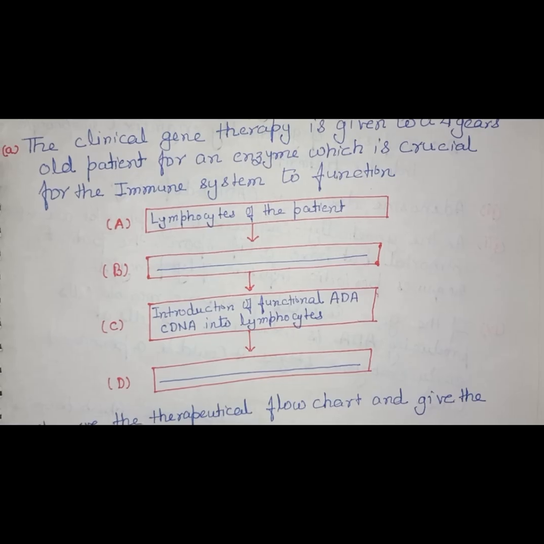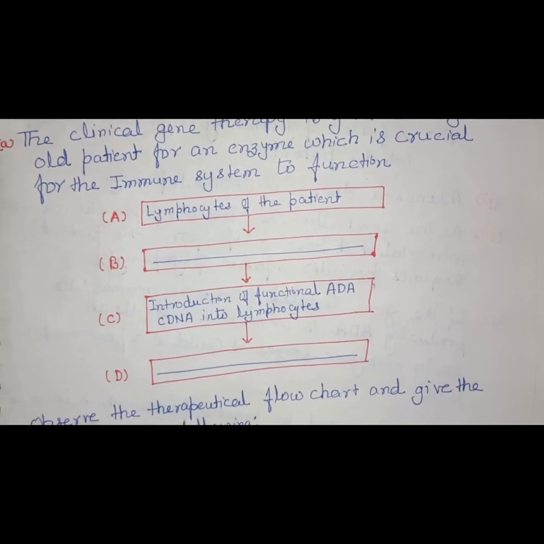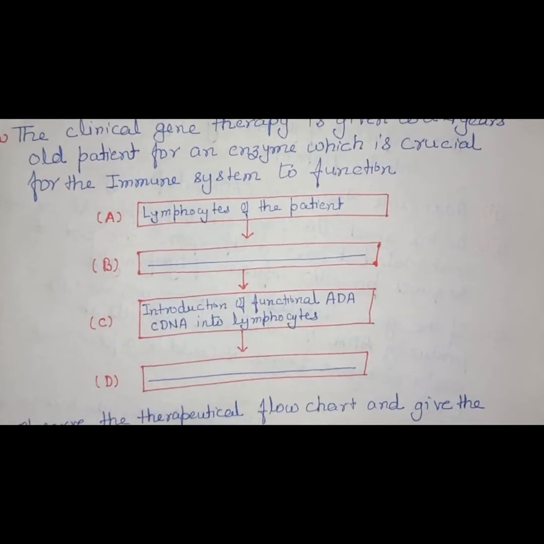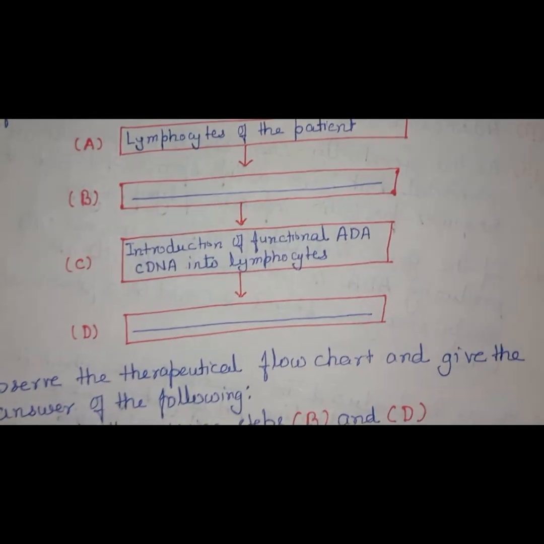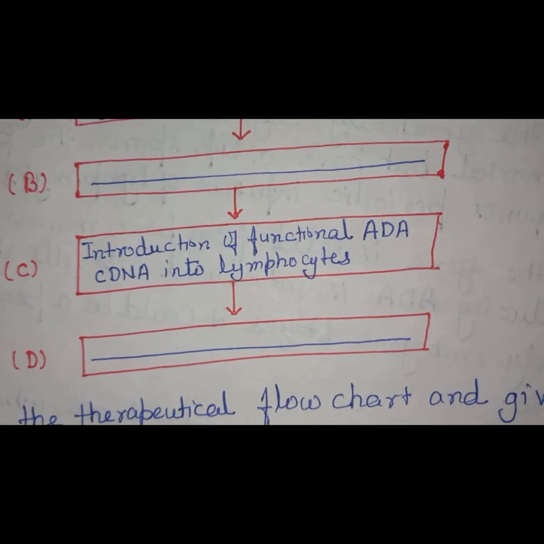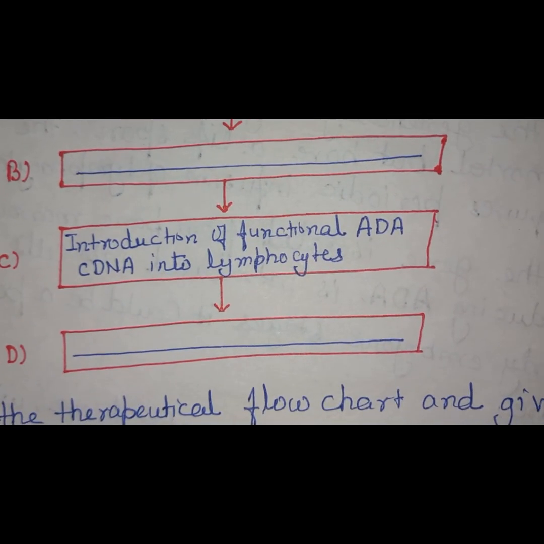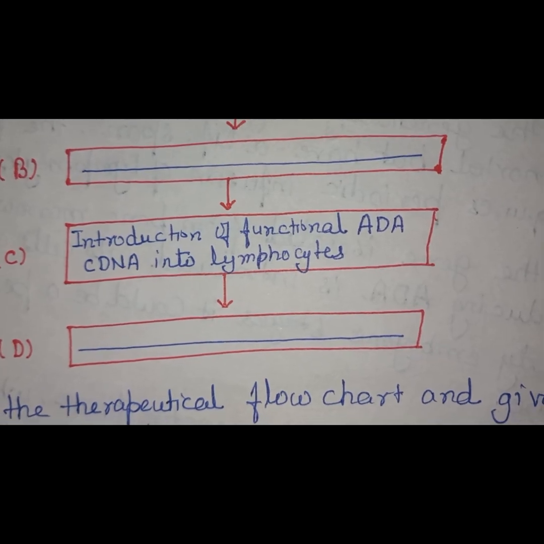In part B, an empty place. The C part is the introduction, it means the insertion of functional ADA cDNA into lymphocytes. So what do we have to write in option D?